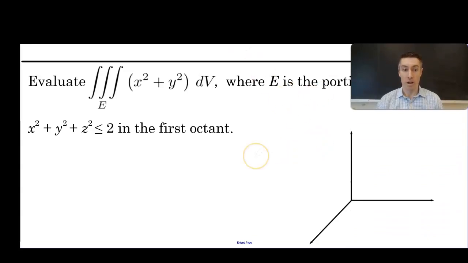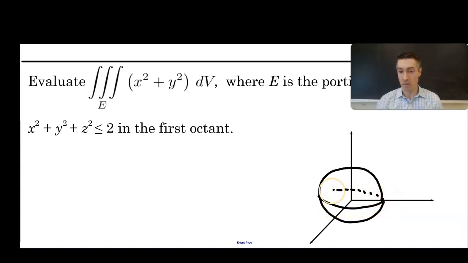So we can draw a sphere here. We'll draw the best version of a sphere that we can. Not bad. And then we're going to take just the portion of that sphere that's in the first octant. So right there.